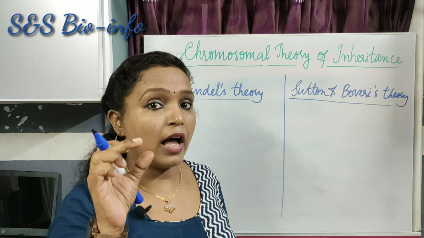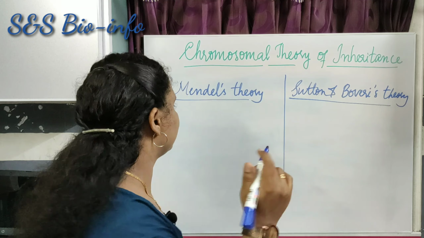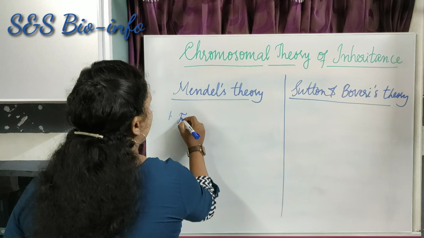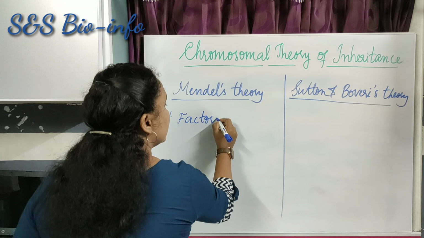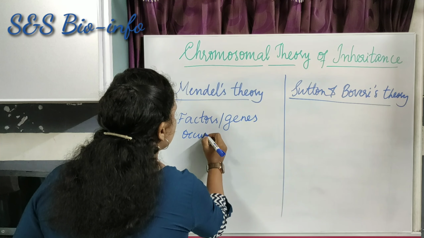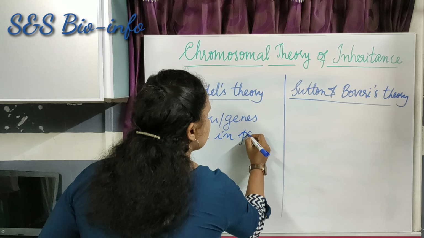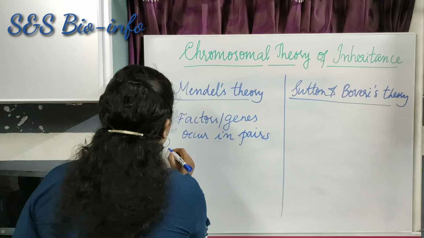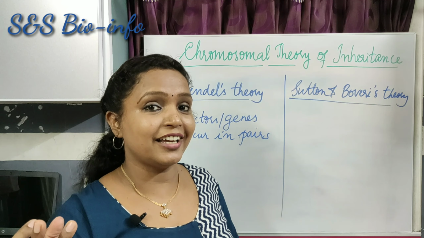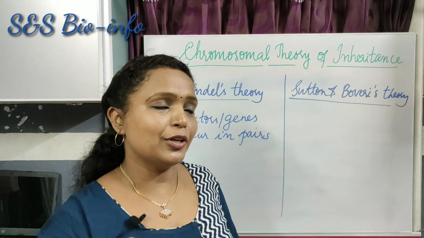So here, factors or genes occur in pairs. Second point, the law of segregation states that alleles segregate during meiosis.